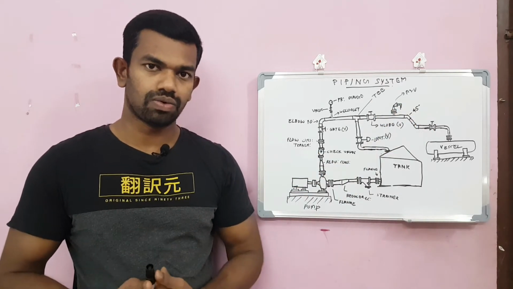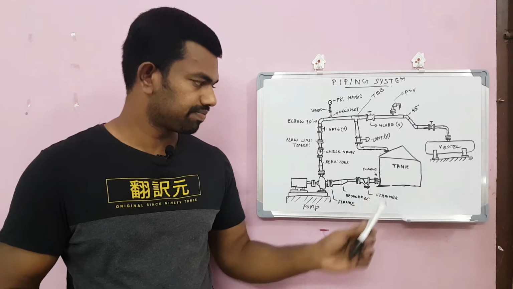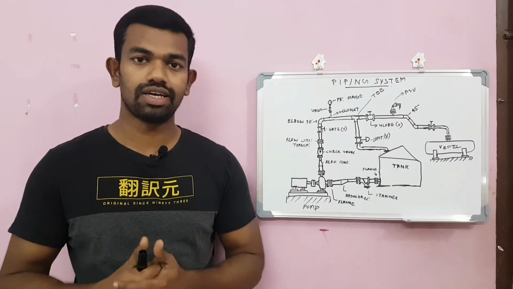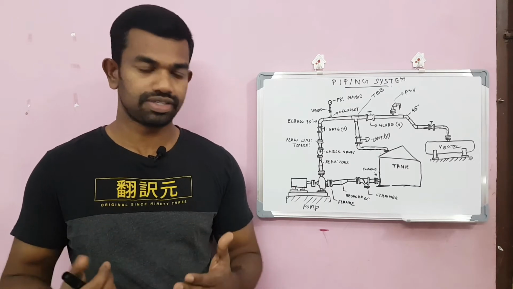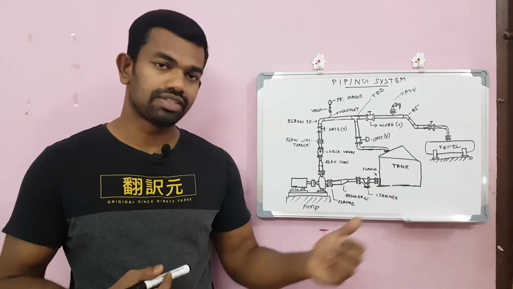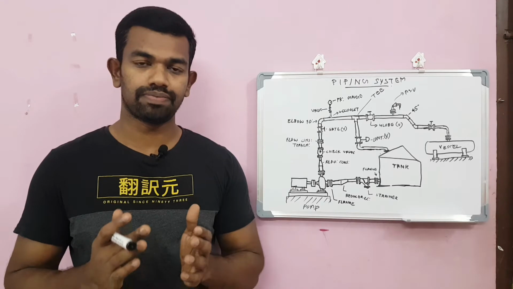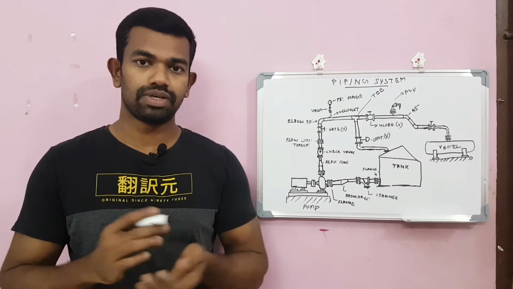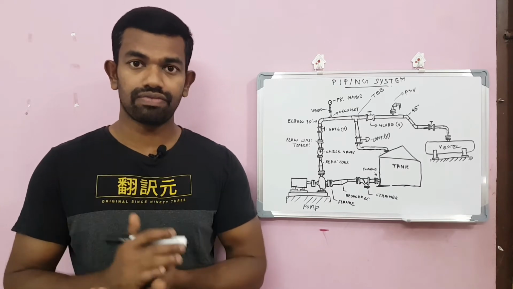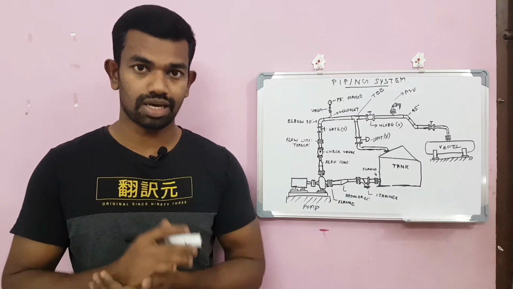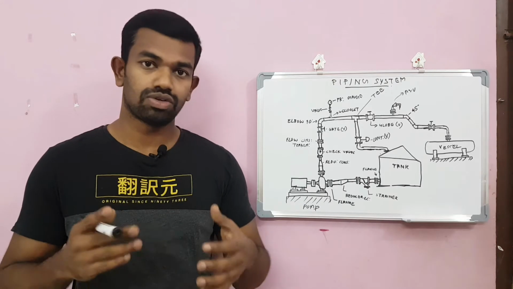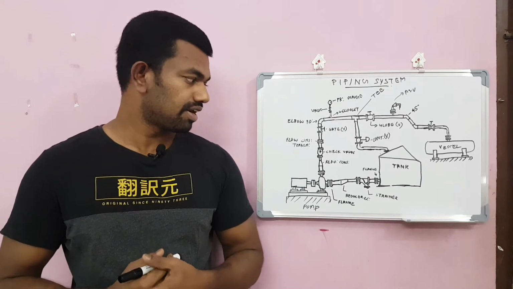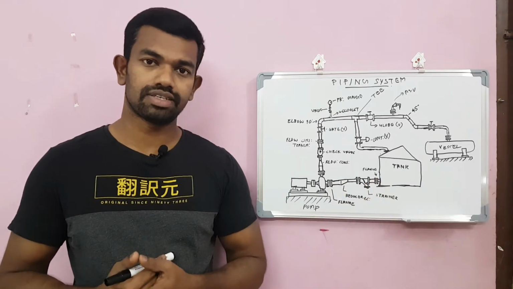Okay, now we can go one by one. This is a flange. The purpose of the flange is to connect and disconnect with other equipments or instruments. Flanges are of different types based on the purpose, pressure rating or temperature rating. They can be raised face, flat face, tongue and groove, or ring type joints, with different pressure ratings and sizes, and based on that the gasket will be different.